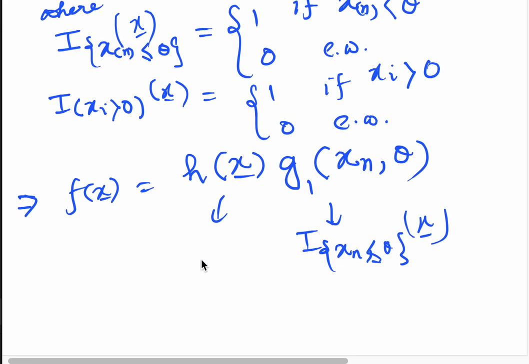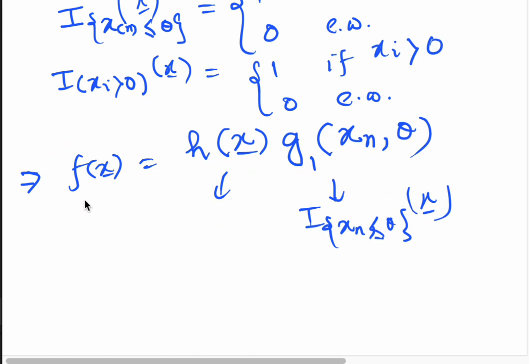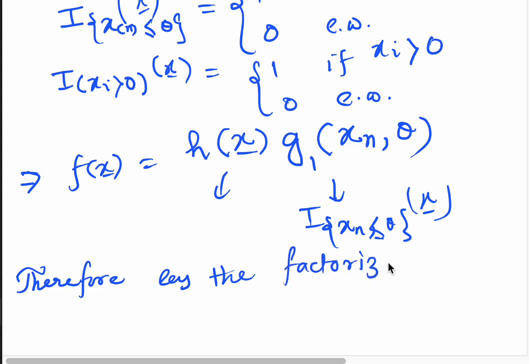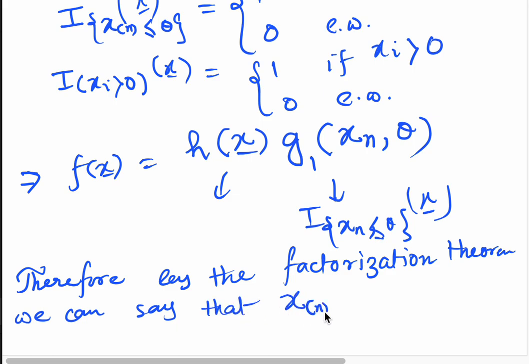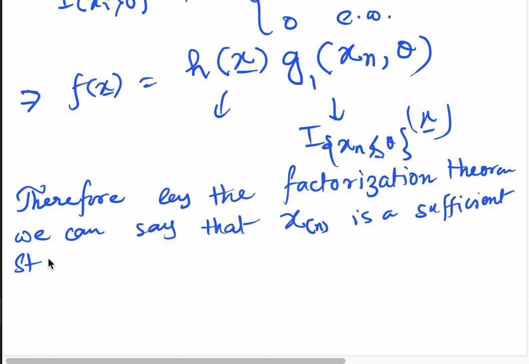So from here you can get that since you can write the joint distribution as h(x) into g1(X(n), theta), therefore by the factorization theorem, we can say that X(n) is a sufficient statistic for theta.